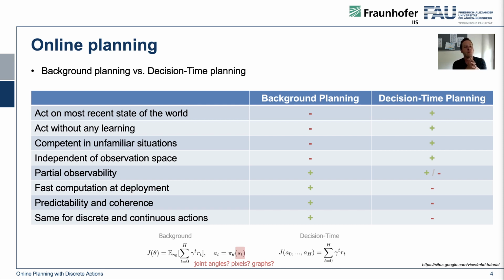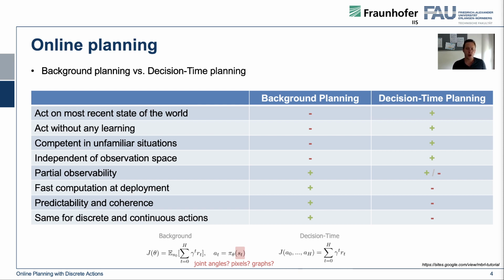If you have never encountered the situation of actually having a key, you will not see a situation where you can open the door. If there's an unfamiliar situation and you use background planning, you're pretty messed up, because you really did not know what to do with that situation.